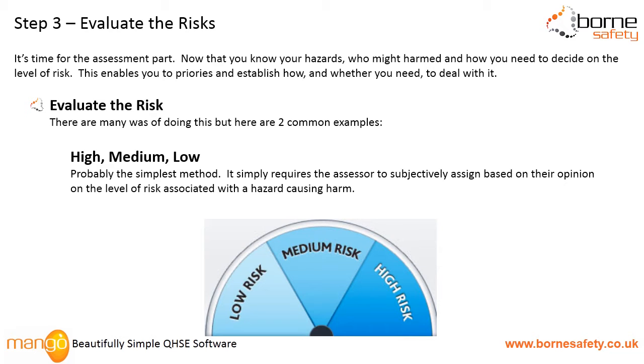Clearly there's lots of pros and cons to this. Yes, it's simple, but it's also open to interpretation by being so subjective, the assessor themselves and their experience of what constitutes a high, medium or low risk. But in a low risk environment, it's perfectly adequate and an ordinary way of assessing the risk.